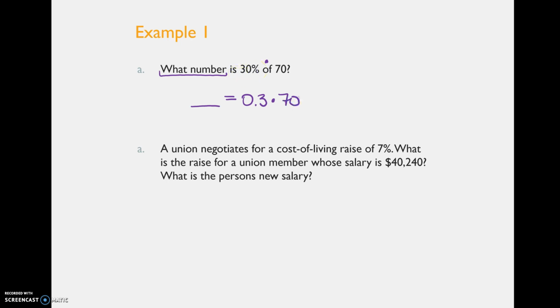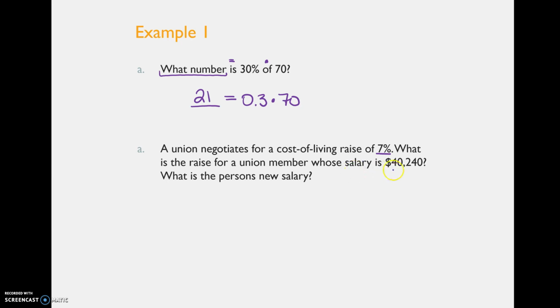So what number is 30% of 70? You grab your calculator and punch in 0.3 times 70, and you get 21.